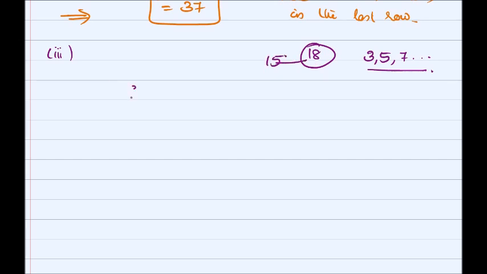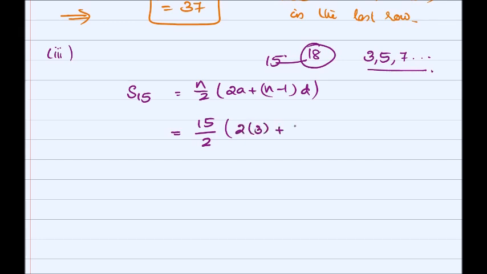So we will find S15. n by 2 into 2a plus n minus 1 into d. This is the formula. So S15 is equal to 15 divided by 2 into 2 into 3 plus 15 minus 1 into 2. That is 15 by 2 into 6 plus 14 into 2.